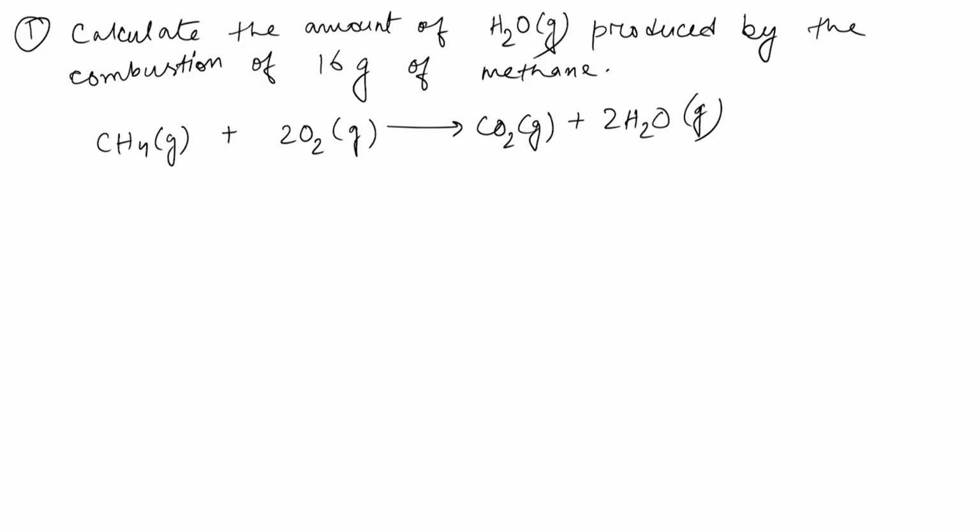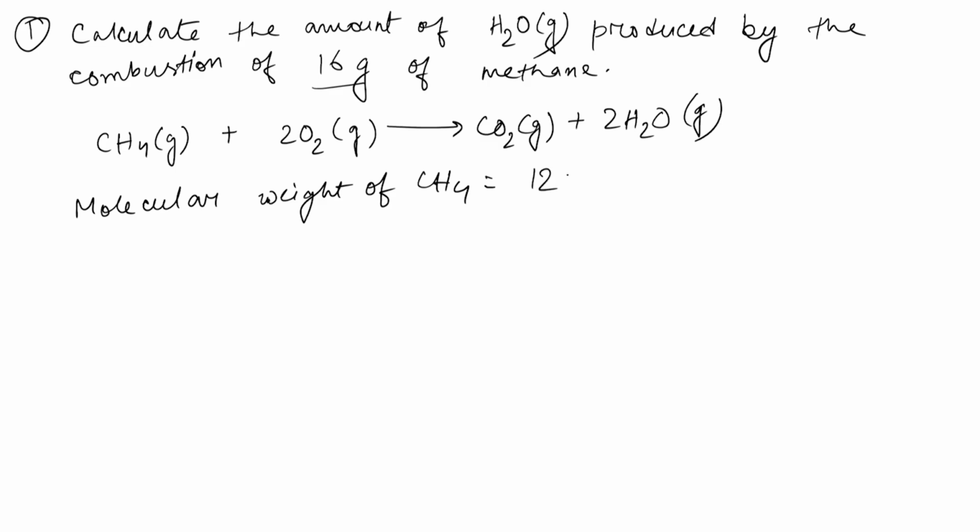This is the reaction. Okay. So, we have to find out the amount of water vapor that is produced by the combustion of 16 grams of methane. So, let's find out the molecular weight of methane.